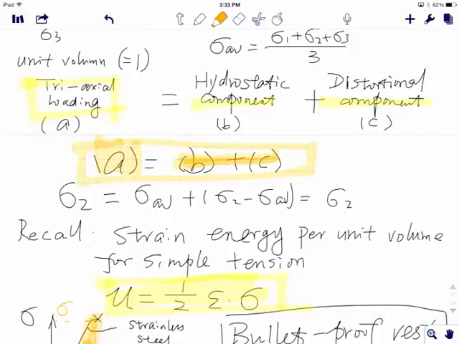Energy is conservative. I didn't create any new loading, or subtract any loading from it.